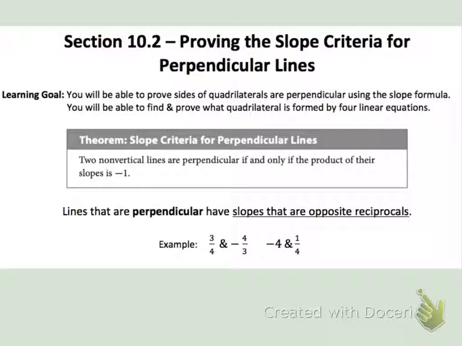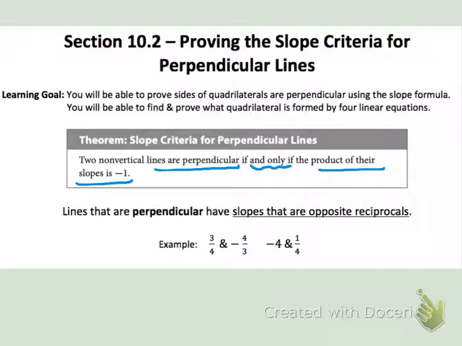So the theorem, the slope criteria for perpendicular lines, is something we've talked about already this trimester, back when we studied parallel and perpendicular lines. Two non-vertical lines are perpendicular if and only if the product of their slopes is -1.